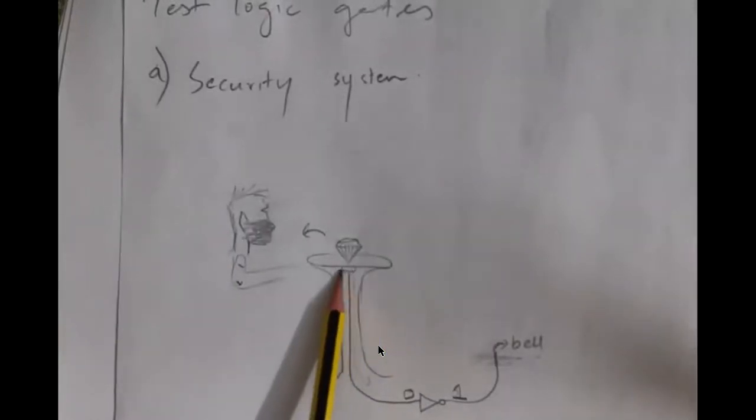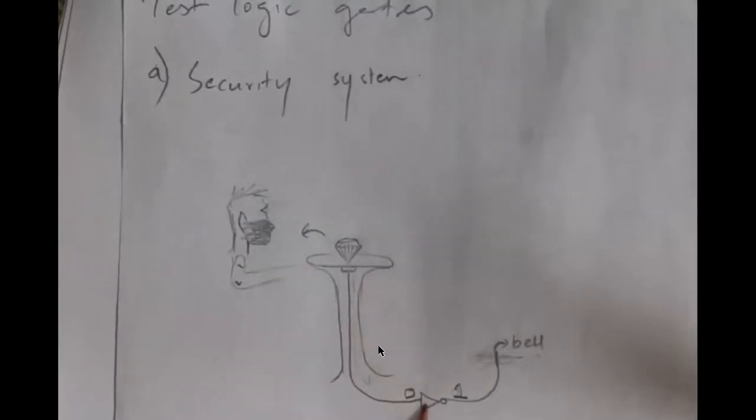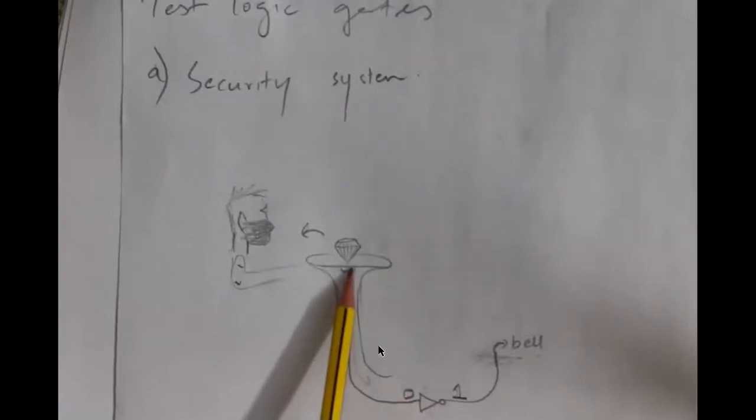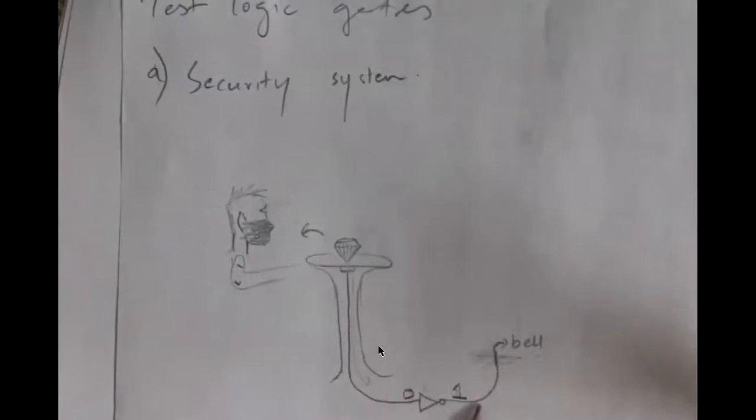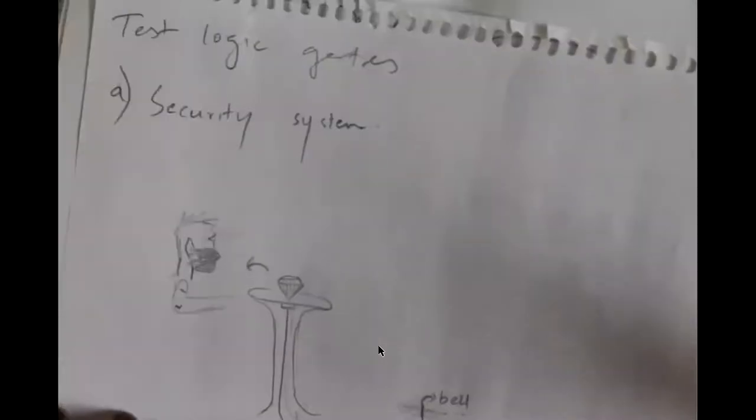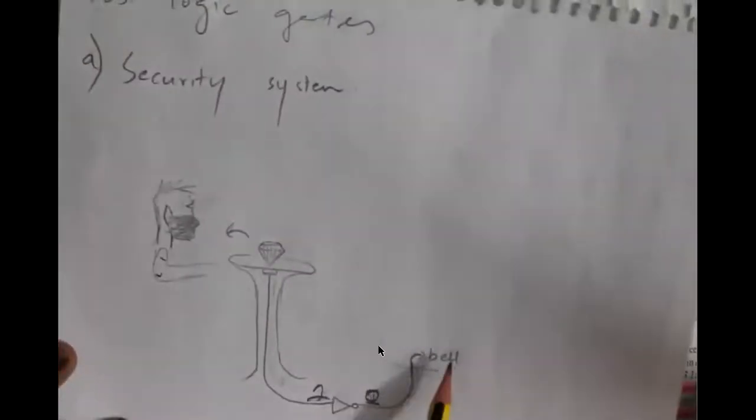So we might have a pressure sensor, and then that will be connected to a NOT gate. As long as there is pressure on it, there are things on it, it's going to give you a 1 there, a 0 here, and the bell is not ringing.